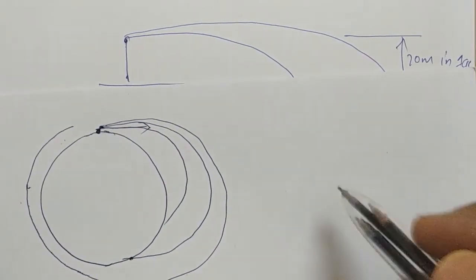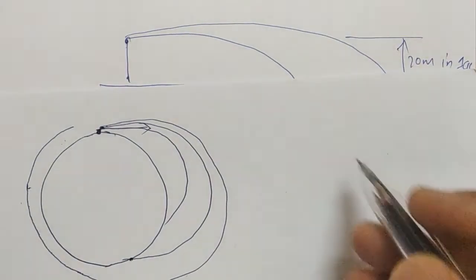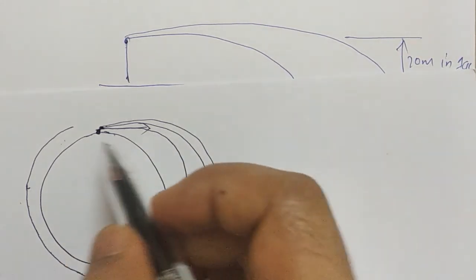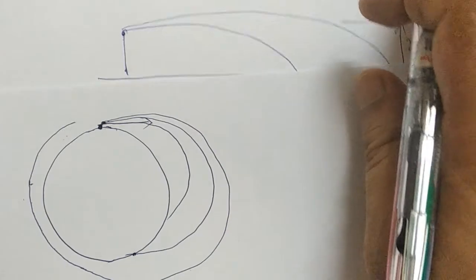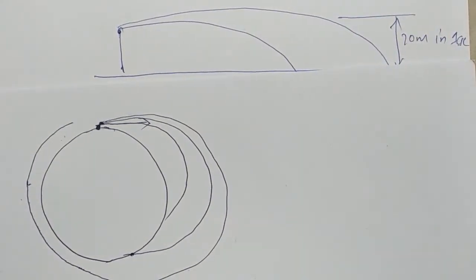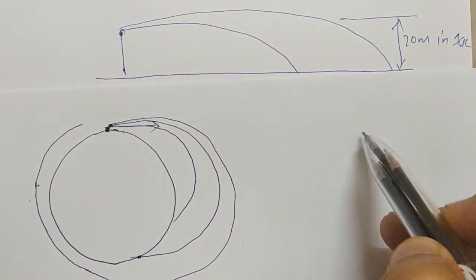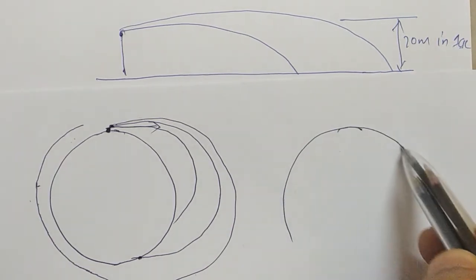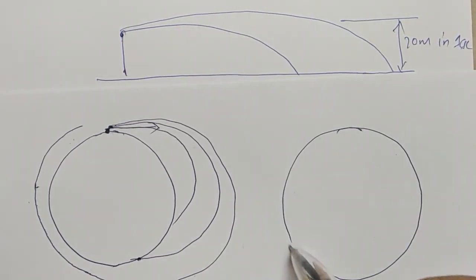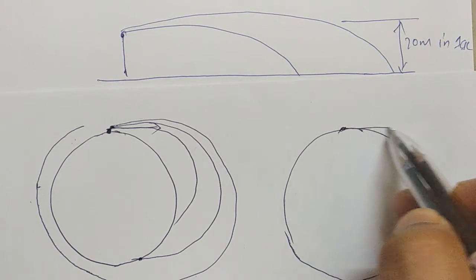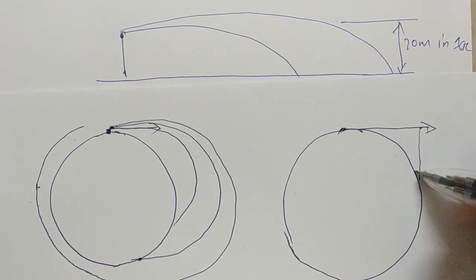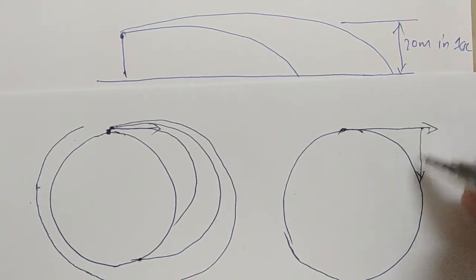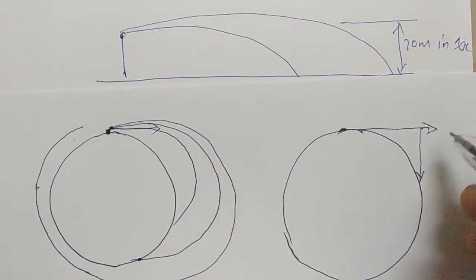Now there is one question: at what speed will the ball regain its original position? Let us investigate that. Now this is the earth, and this is the direction of the velocity of the ball, and this is the direction of the fall of the ball on the earth's surface.